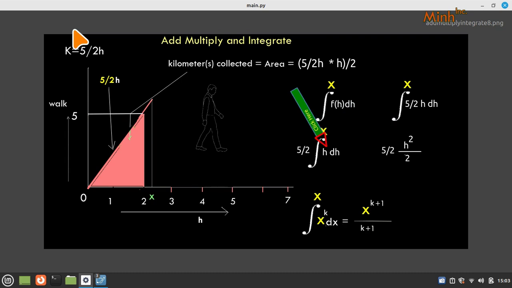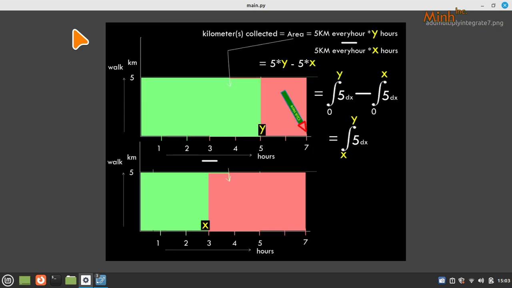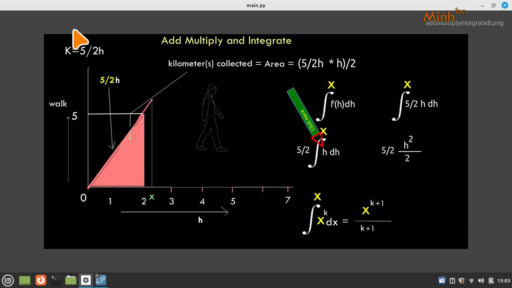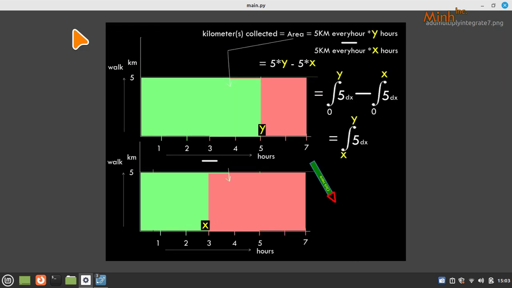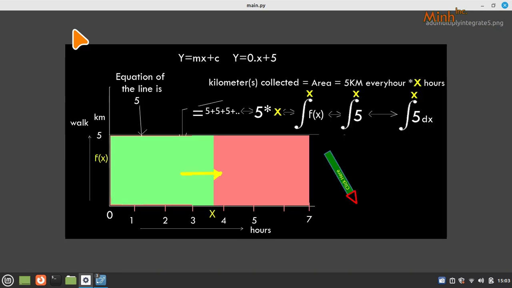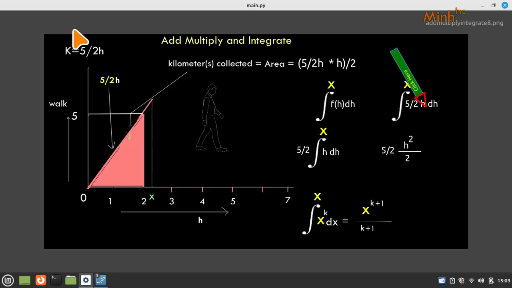If it is h to the power 0, in the rectangle it is constant. Then it becomes 0 plus 1, which is 1, and divided by 0 plus 1, only x. So that is what we saw. This area is only x. So 5 dx is nothing but 5x for this integration. So that becomes only x.